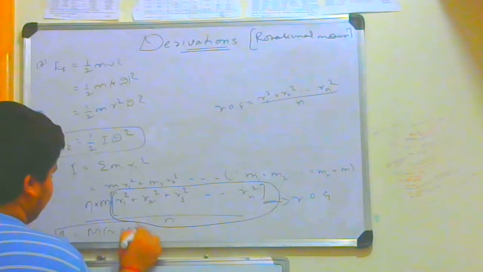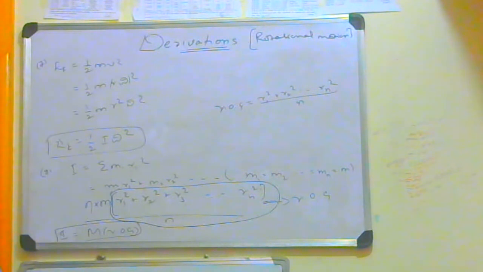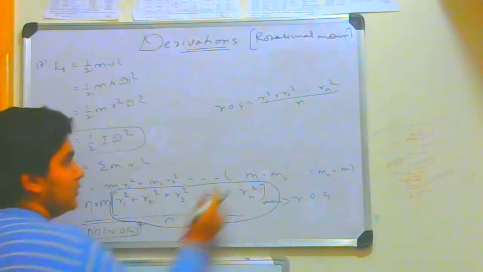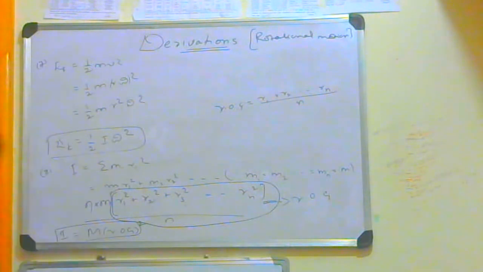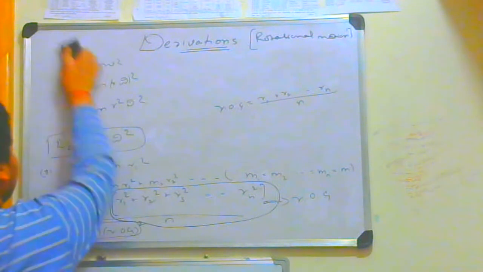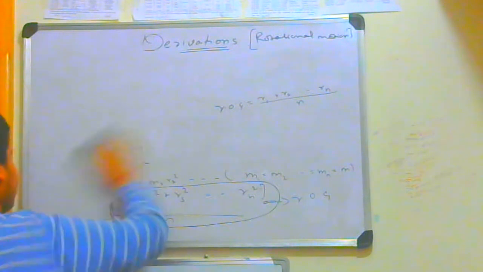This is my I. इसका पूरा स्क्वायर भी ले लो आप. Remove the squares. Parallel axis, perpendicular axis theorem आप कर सकते हो ही. Next we'll go for relation between torque and I, moment of inertia.